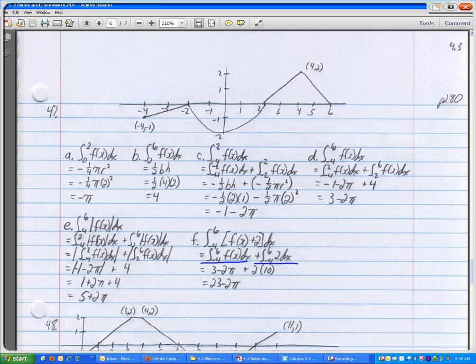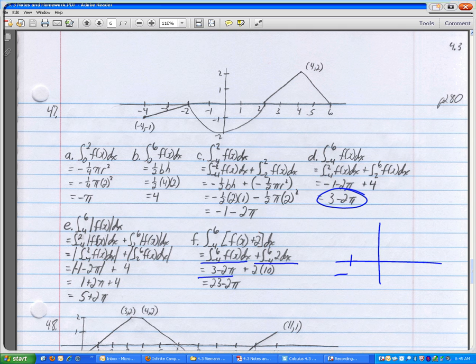We already found the integral from -4 to 6 of f of x dx. We found it right here. So write that down. And the integral from -4 to 6 of 2 dx, I can figure that out. In fact, I'm going to draw it, and then we'll tell you how to do it without bothering to draw it.